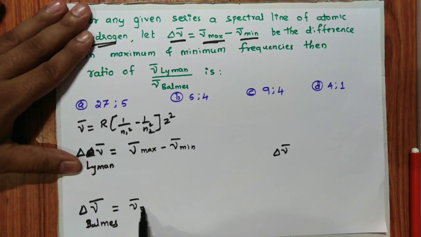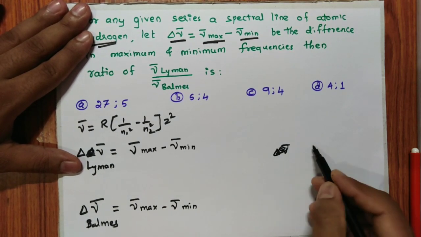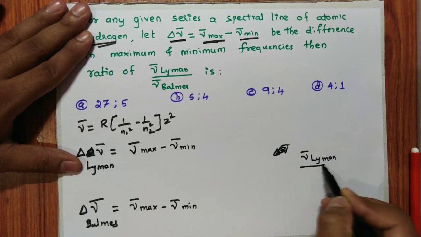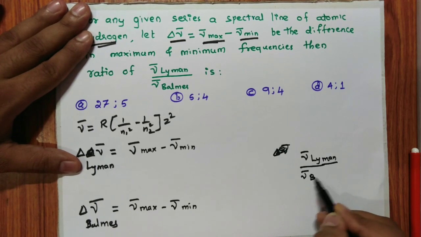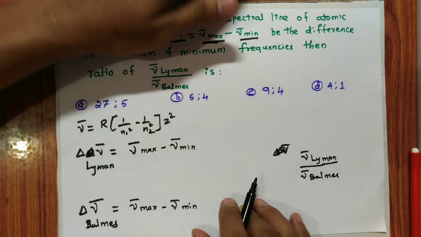Here also, nu bar maximum minus nu bar minimum. Then we calculate the delta nu bar of the Lyman series divided by that of the Balmer series. Fine. So first we calculate this.